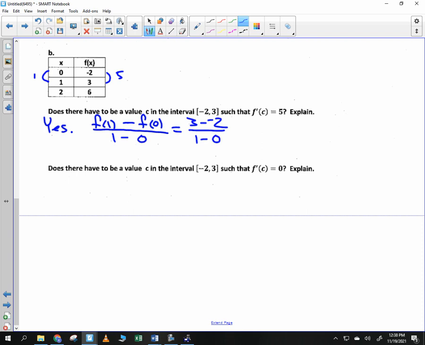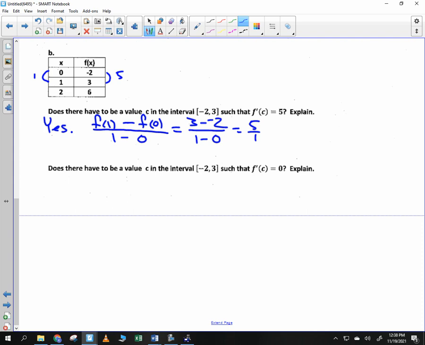So does everybody understand on the AP exam, they're not going to just want to see 3 minus -2. They would like you to write f of 1, so that you're saying that from 1 to 0, it sits in that interval. It's important that you note that, okay? And we get 5 over 1. So if it deals with slope, is that the intermediate value theorem, or is that the mean value theorem?